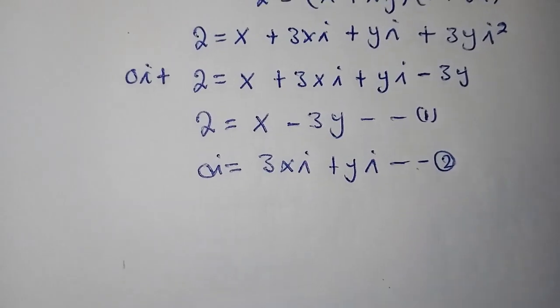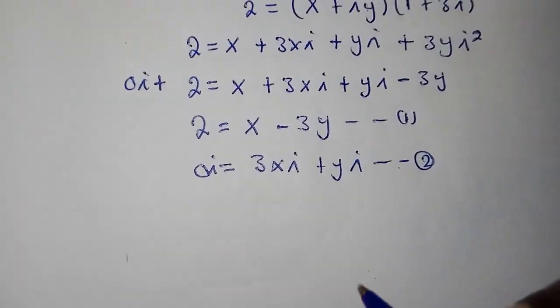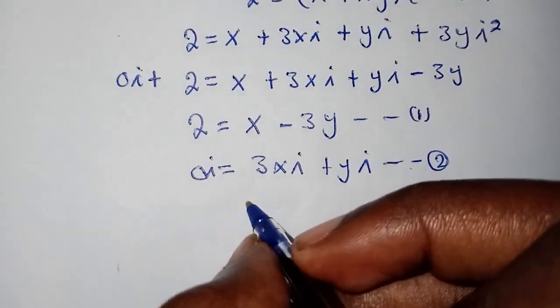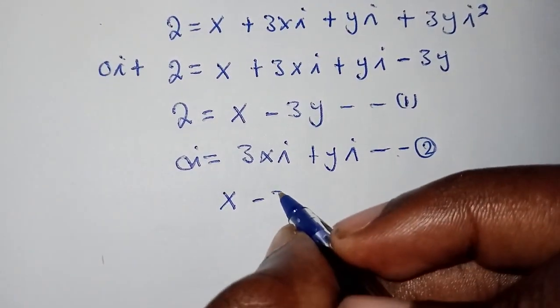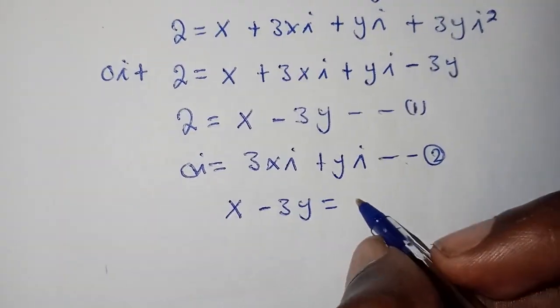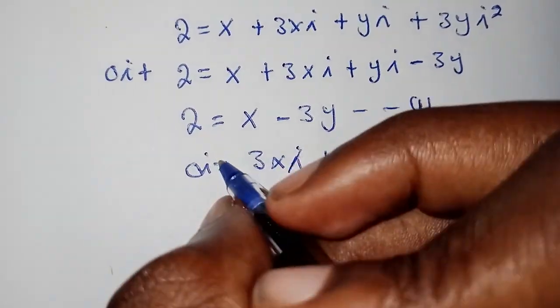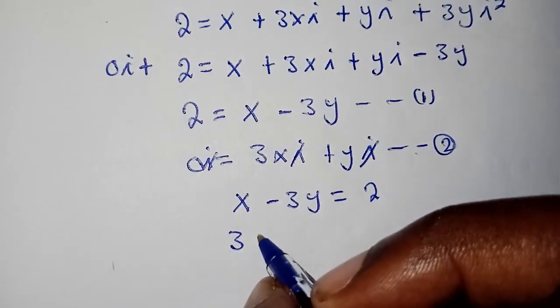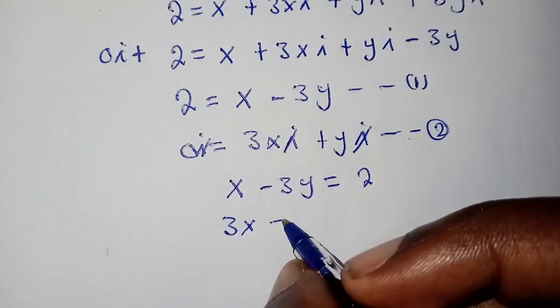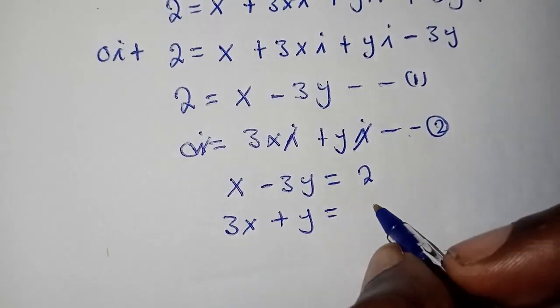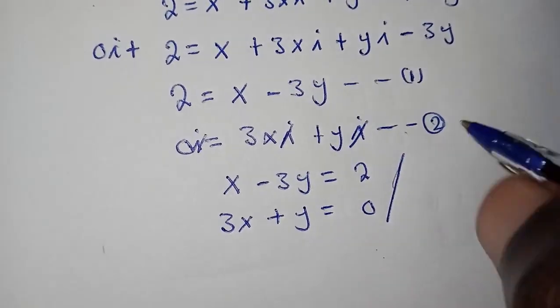From there, we can simply say that this can also be written as x minus 3y is equal to 2. Then, of course, the i's will cancel, so it will be 3x plus y is equal to 0. Then we solve them simultaneously.